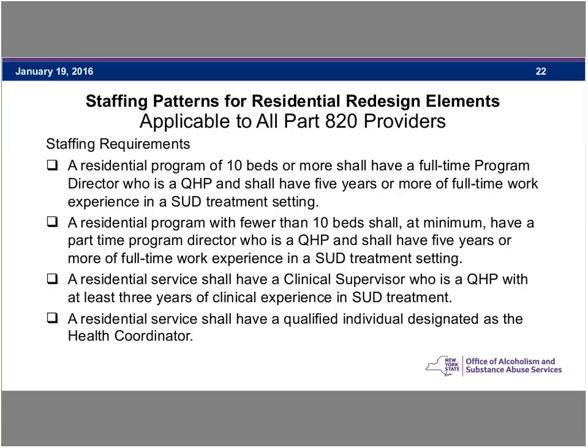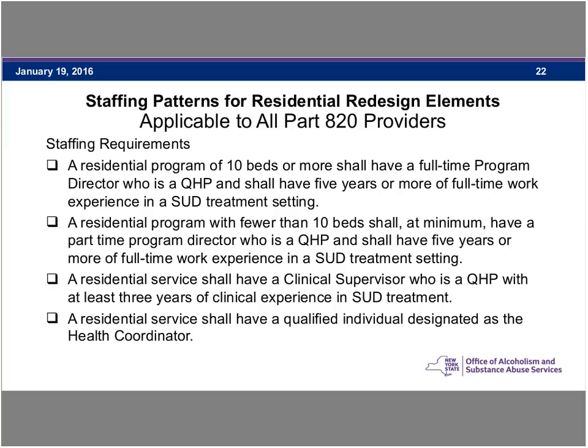A residential program of 10 beds or more should have a full-time director who's a QHP and has 5 years of full-time experience. A residential program with fewer should have a part-time director who's a QHP and should have 5 years of full-time work experience.